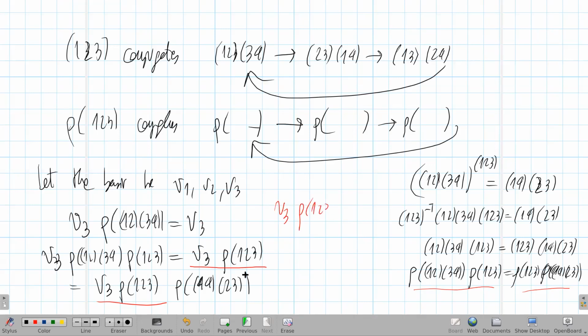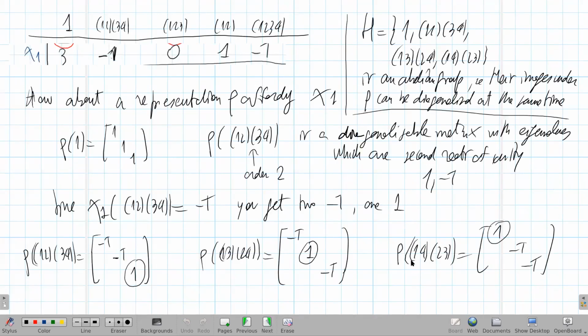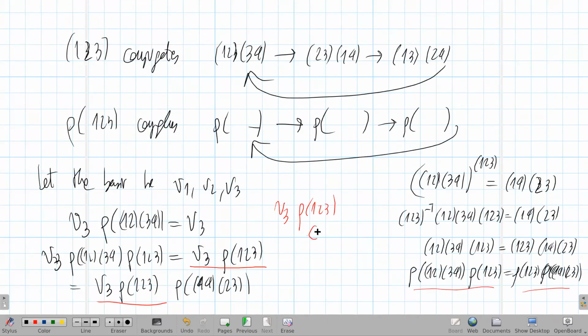So this means that V3 rho (1 2 3), let's see what (1 4 2 3) does. Rho of (1 2 3 4) fixes the first basis element, okay? So this is in the space generated by V1. And then you can see that V1 applied to this has to be in the space generated by V2.